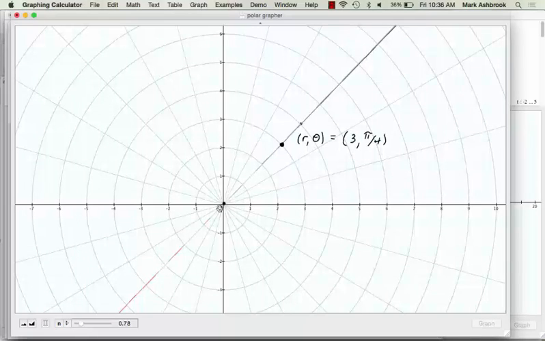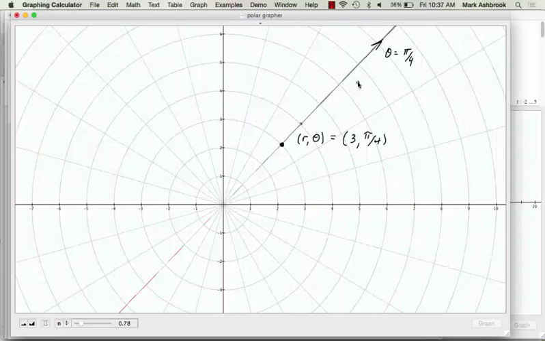Okay, so for the angle pi over 4, this is the positive direction, pointing out this way. So then this is r equals 1, r equals 2, r equals 3, r equals 3.5, r equals 4, etc. So for pi over 4, where would r equals negative 1 be?